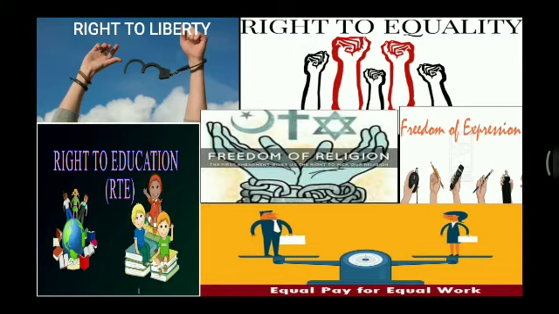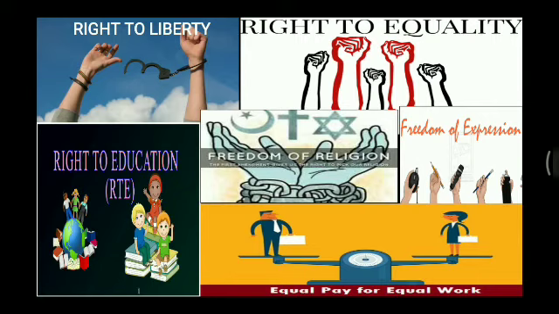Next we have the right to education. It describes free and compulsory education between the age of 6 to 14 years, irrespective of caste, creed, gender, status, whatever we have. Next, the right to freedom of religion.